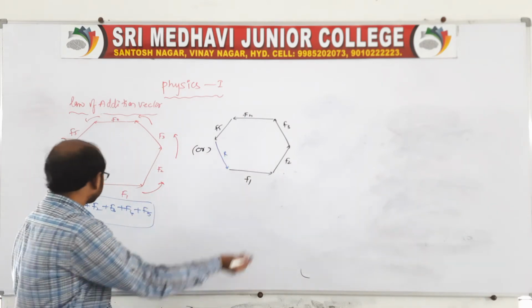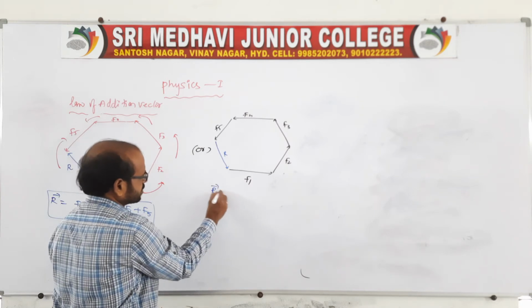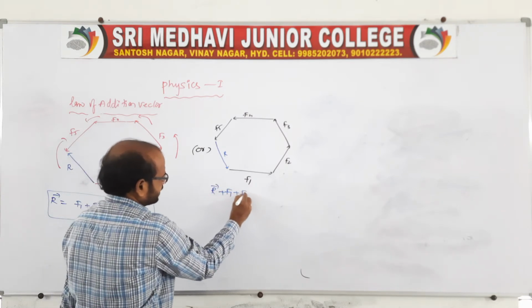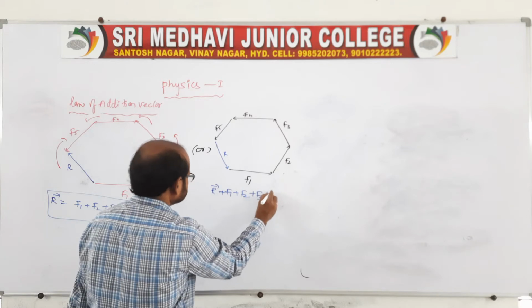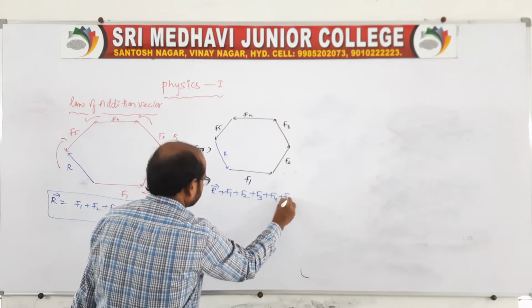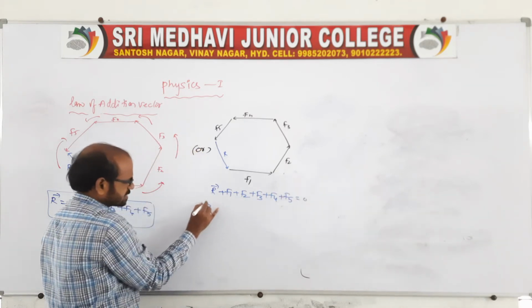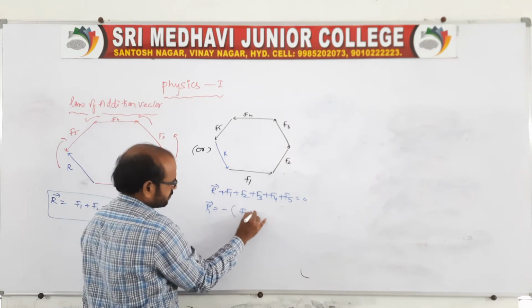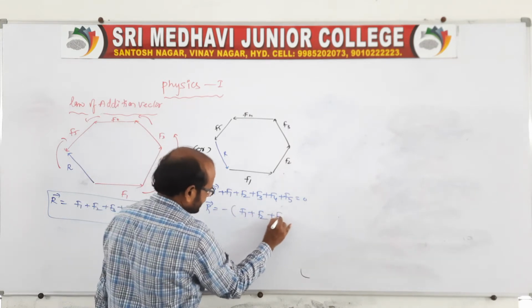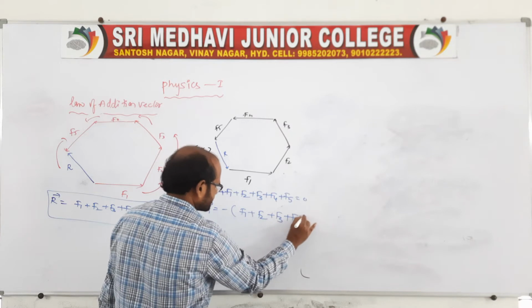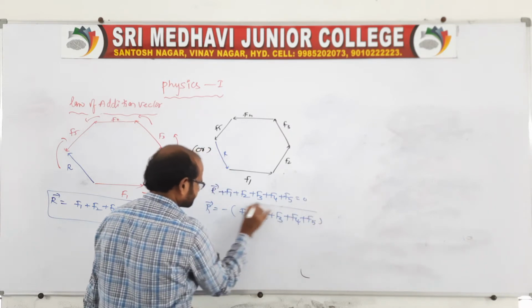Again you write in the same situation: resultant vector plus F1 plus F2 plus F3 plus F4 plus F5 is equal to 0. Therefore the resultant will be minus of F1 plus F2 plus F3 plus F4 plus F5.